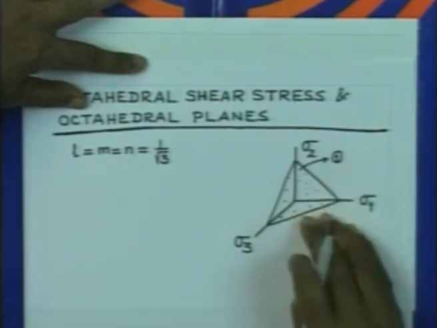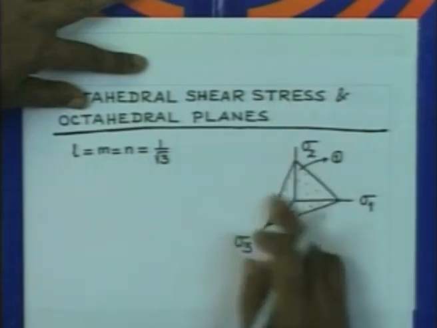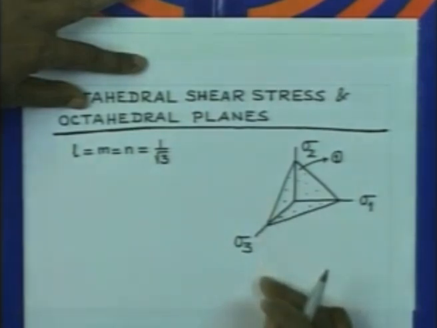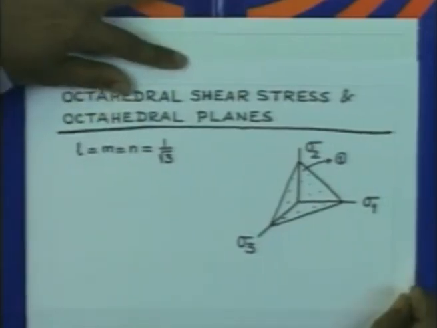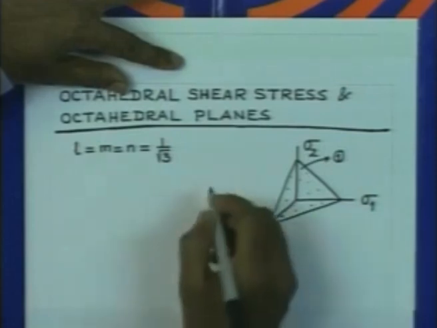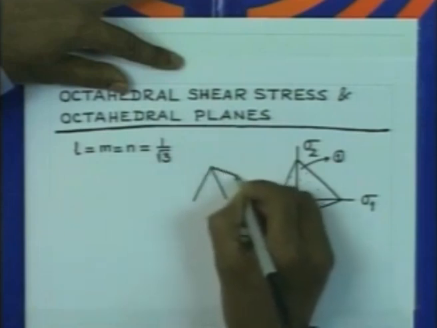So, therefore, in the upper half we will have 4 such octahedral planes. Similarly, in the bottom half we are also going to have 4 octahedral planes. So, there are 8 octahedral planes and they will form a geometry like this.